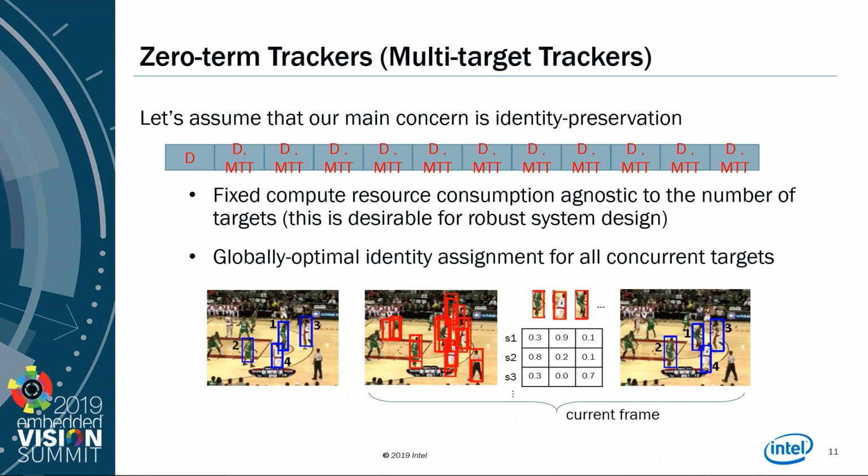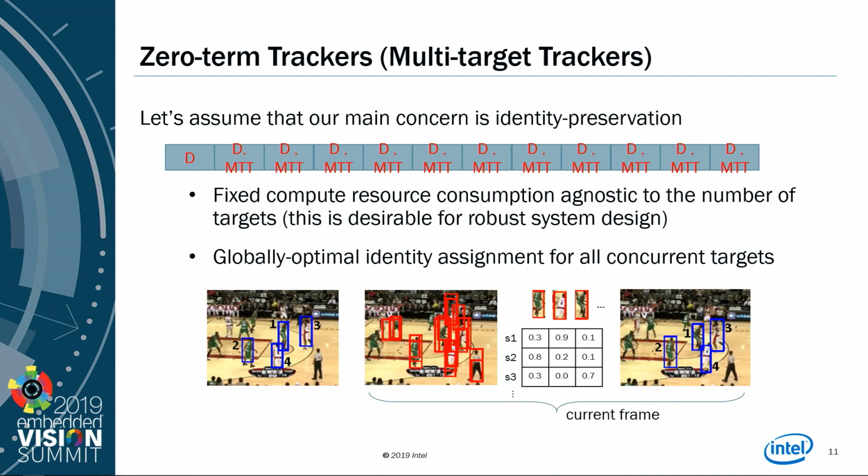The bottom figure illustrates a typical process of these trackers. At some frame, you already found some boxes and identities. You already assigned some identity to each subject. And at the next frame, there are some candidate locations and you need to match those previous IDs to the newly found positions.